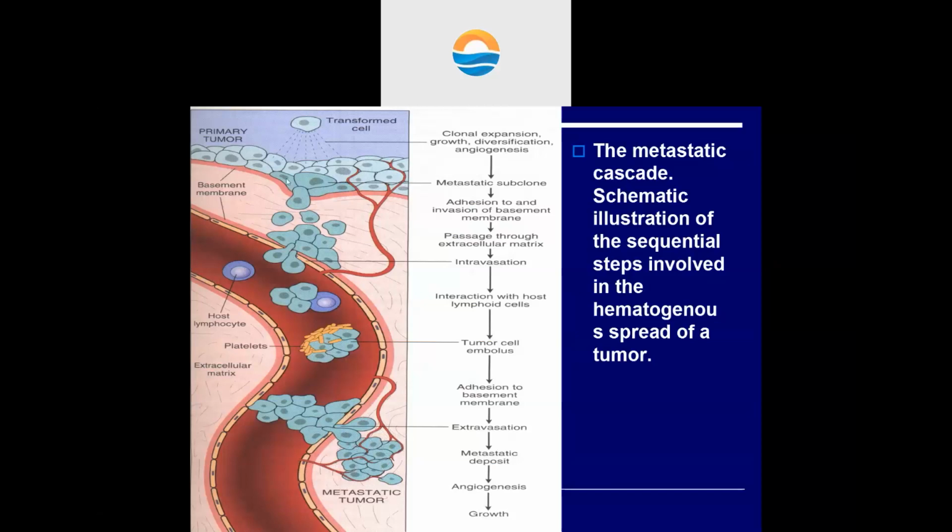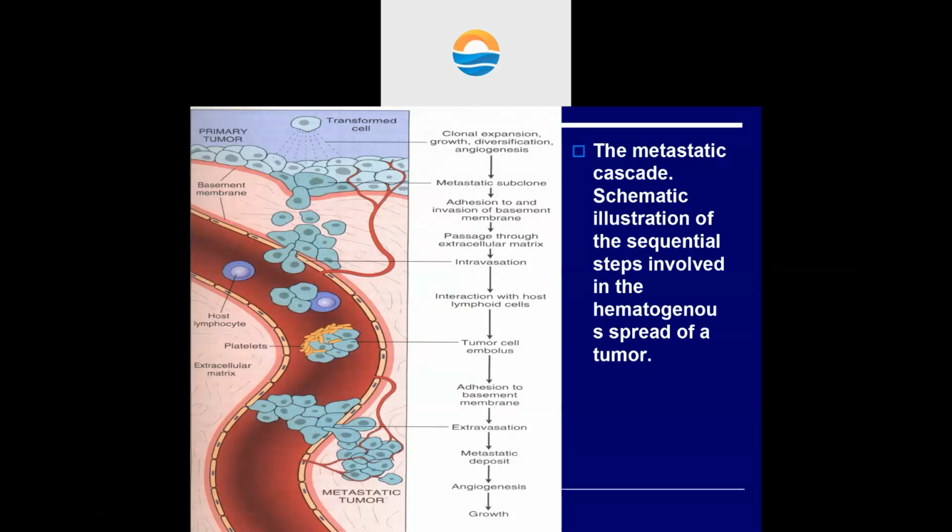So this was a primary tumor. Then with progression we got the transformed cell and the metastatic subclone, which goes to a vessel, and by blood circulation it travels to another organ, for example lung or liver.